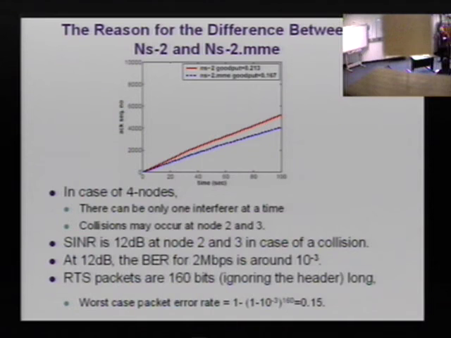We know that RTS packets are colliding actually, which are 160 bits. So packet error rate is 0.15. But, of course, we don't see such a big difference because they're not always transmitting at the same time. To see this packet error rate, they have to be transmitting the packets at the same time. So we don't see that much degradation.